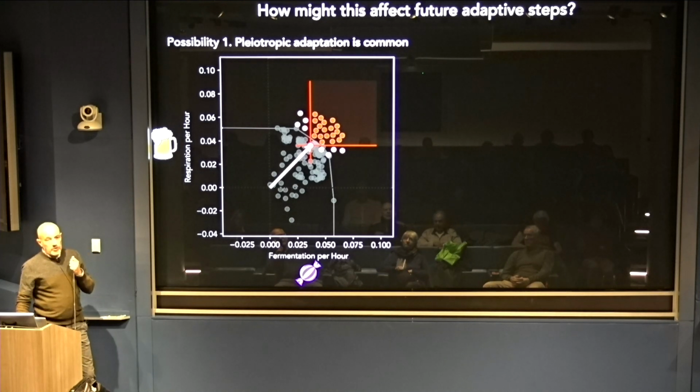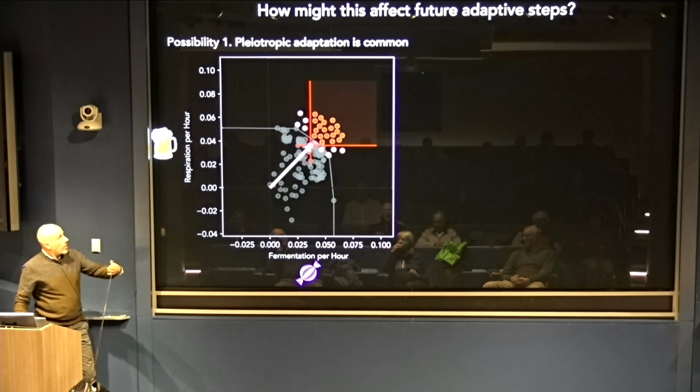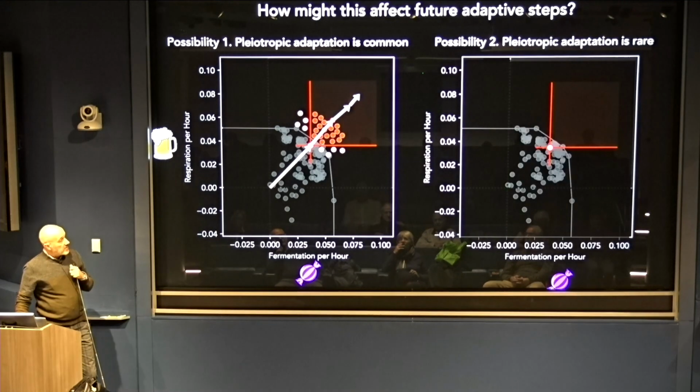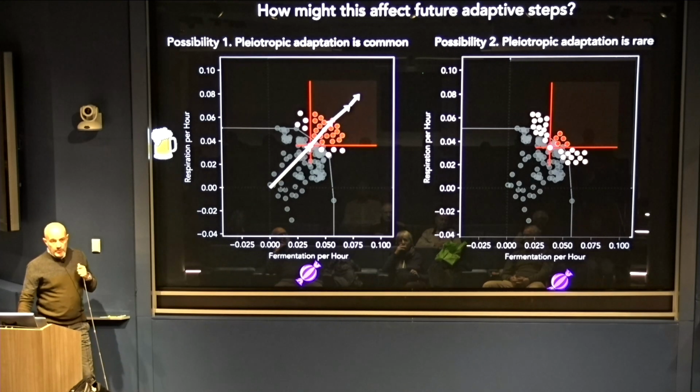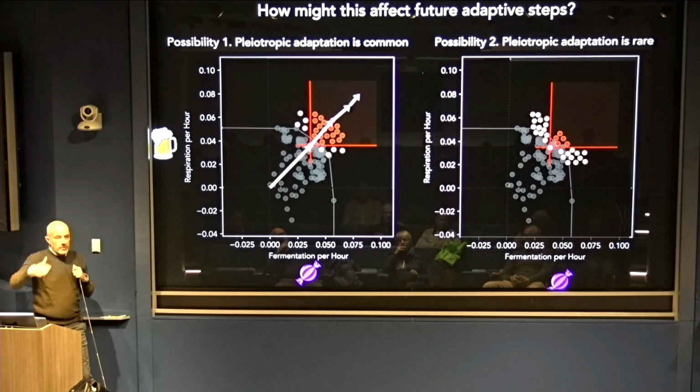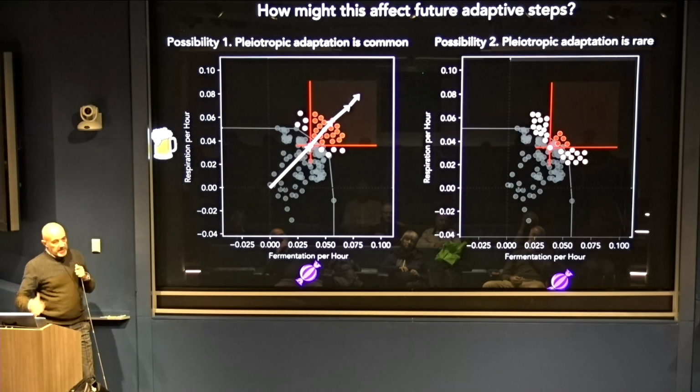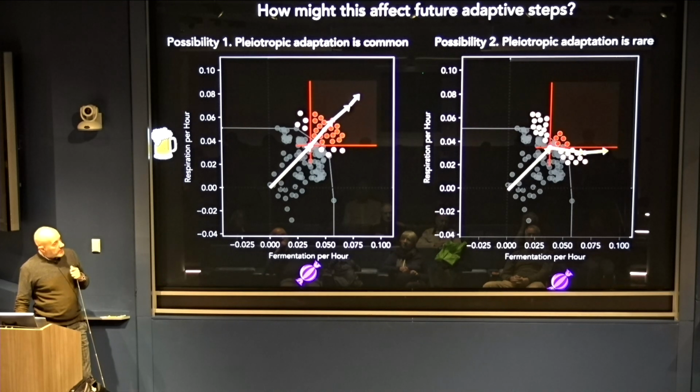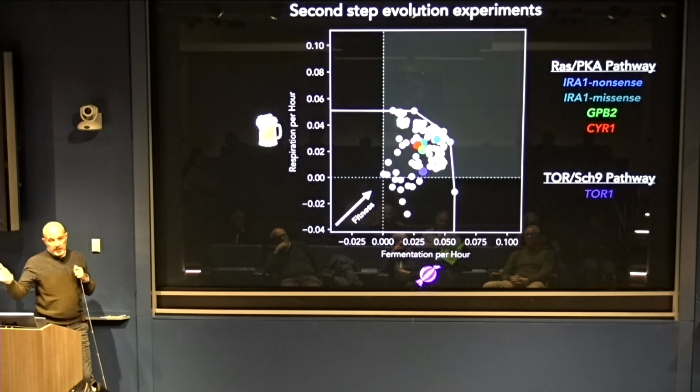One is not modular, but pleiotropy. Pleiotropy is the opposite of modularity. So pleiotropic adaptation is common, and you will continue going at 45 degrees. The other possibility is that it's rare, and maybe we already got to some kind of Pareto front. Now you finally have the trade-off, and you're going to go minus 45 degrees, the opposite.